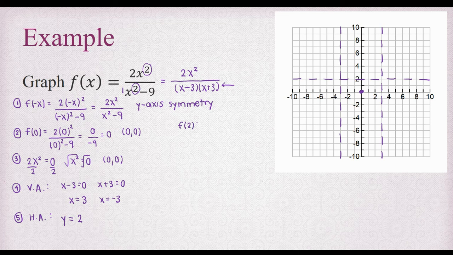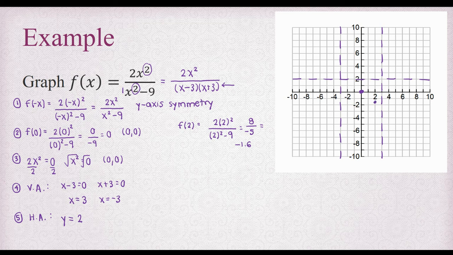So f of 2 is going to be 2 times 2 squared divided by 2 squared minus 9. So 2 squared is 4 times 2 is 8. 4 in the denominator, minus 9 is going to be negative 5. So I'm going to divide that, roughly negative 1.6. Okay, so at 2, I'm going to go down to negative 1.6.